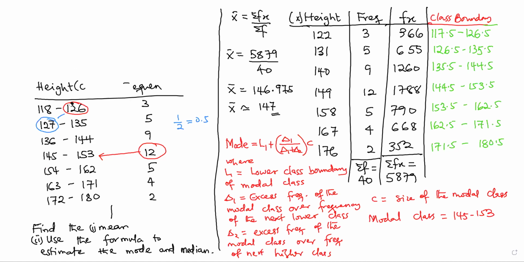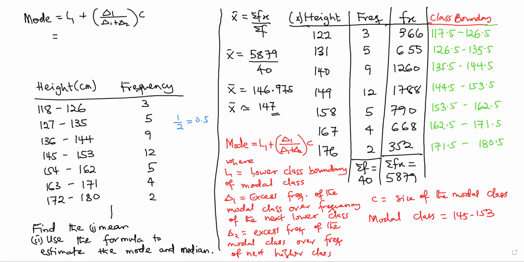All right, so what we're going to do now is find the mode. To find the mode, we say the mode is your L1 plus change in 1 over change in 1 plus change in 2, times your C. Your C is the class size.